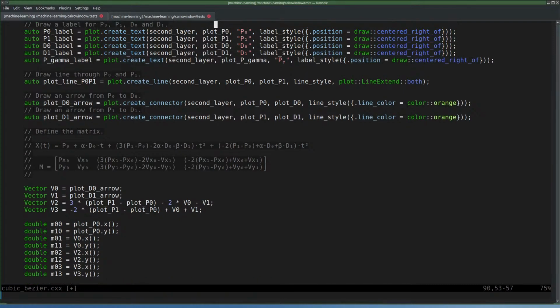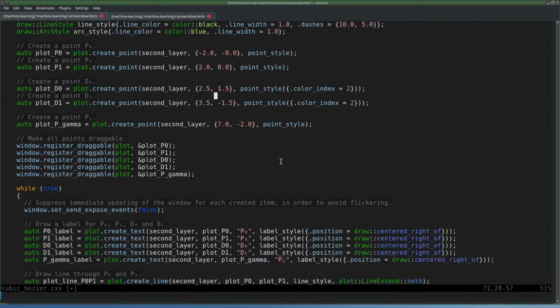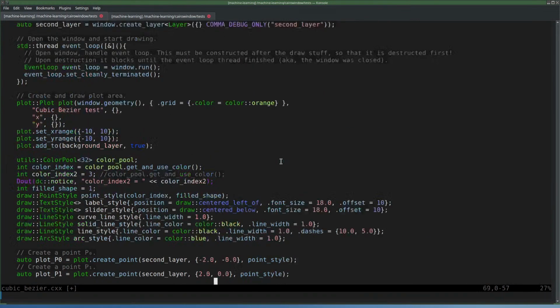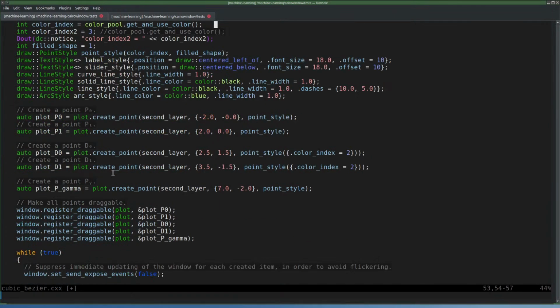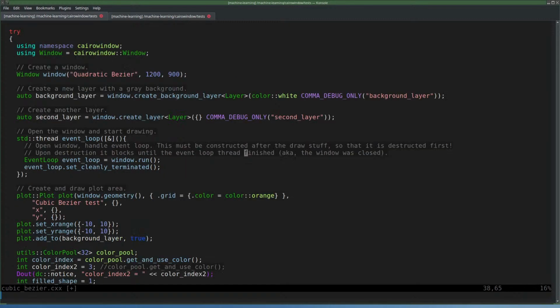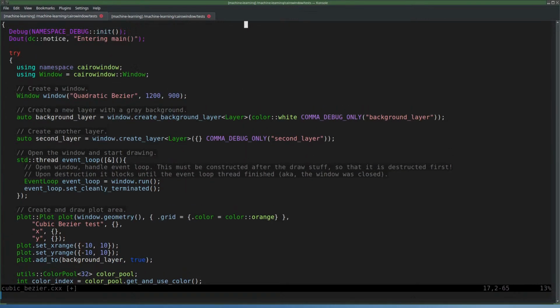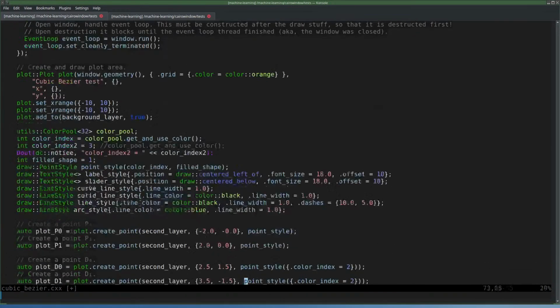So copy it from here. P1. So do I have a P gamma? Did I really delete everything? I just deleted it. No, here it is. Still need my P1.